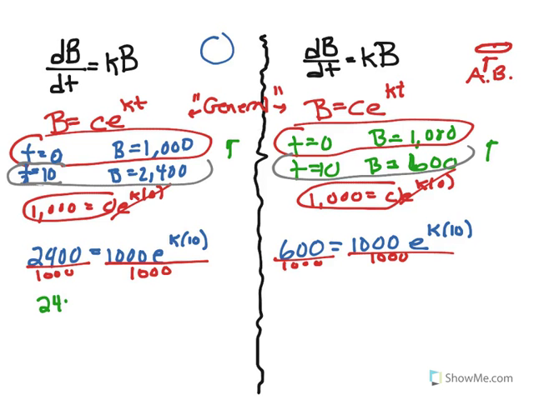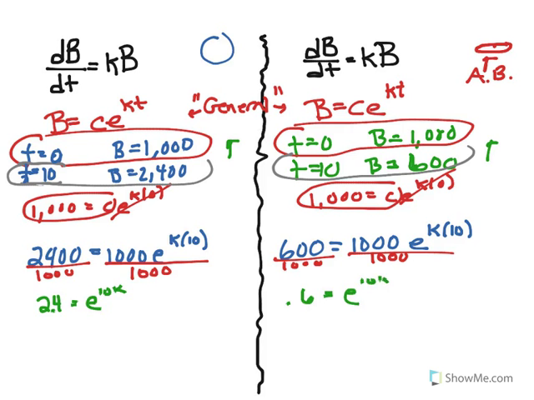So 2.4 equals e to the 10k. And this one is 600 divided by 1,000. That's equal to 0.6. 0.6 equals e to the 10k.